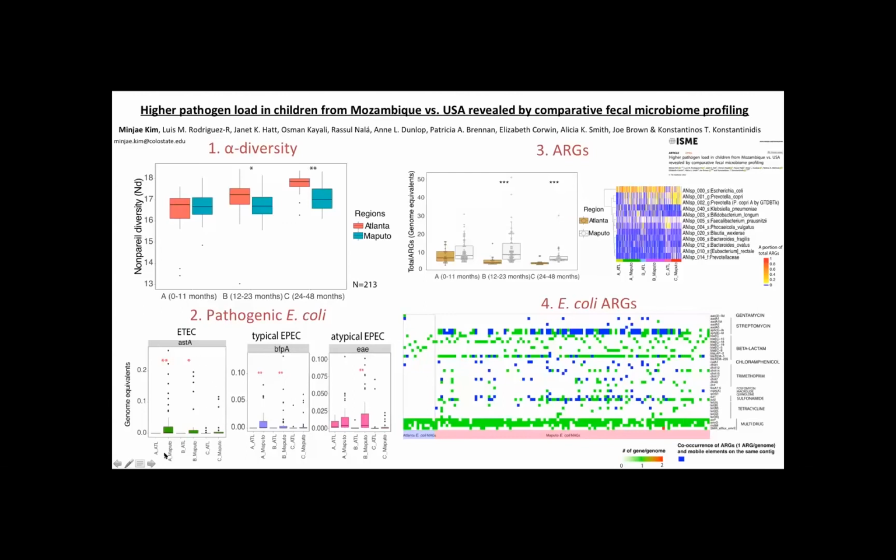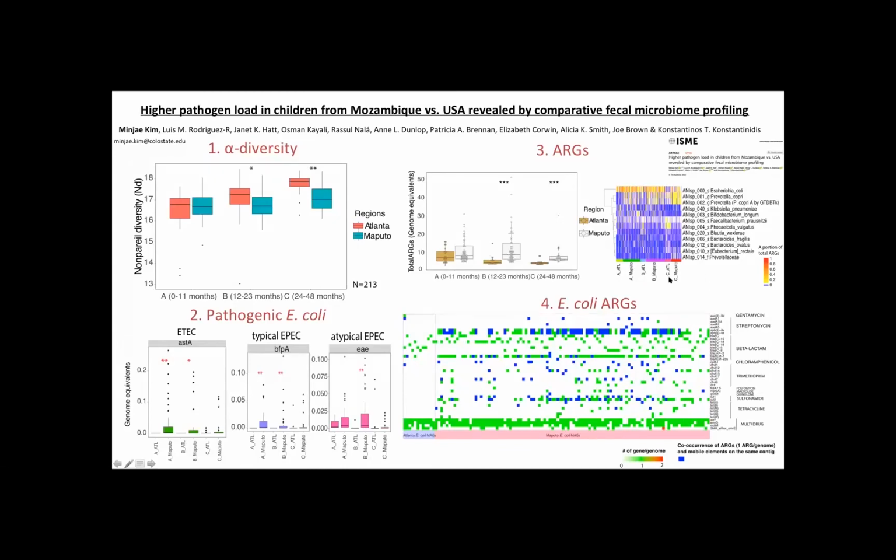And then ATL is Atlanta, and Maputo is Mozambican children. The results suggested that we have a higher relative abundance of specific diagnostic genes for several pathotype E. coli, such as enterotoxigenic and enteropathogenic E. coli in Maputo children's gut microbiome compared to the Atlanta one.